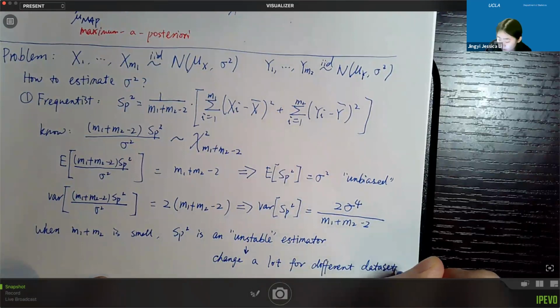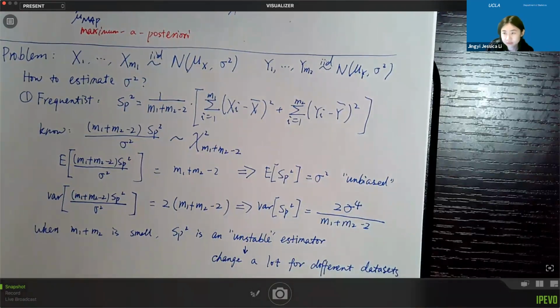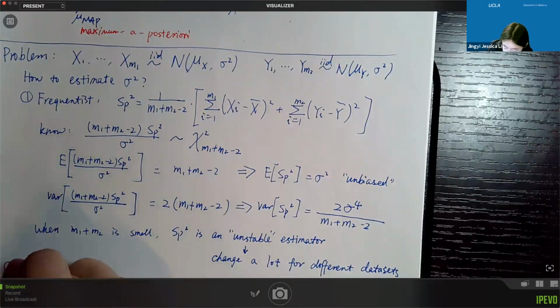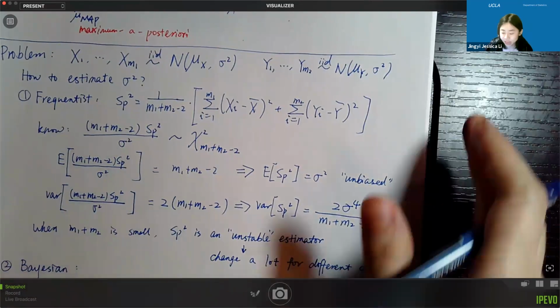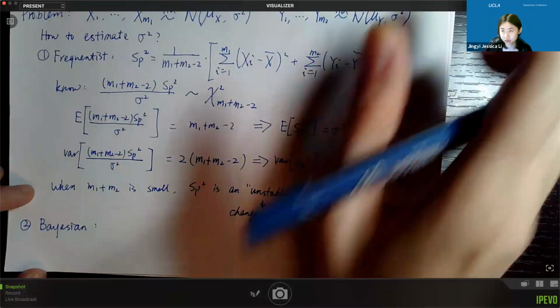So then how do we address this issue, given that you only have this data set? How can you do it? Then the Bayesian idea may be something you can employ to help you. Of course, Bayesian has its own philosophy, but here we are using Bayesian to help our estimator construction.